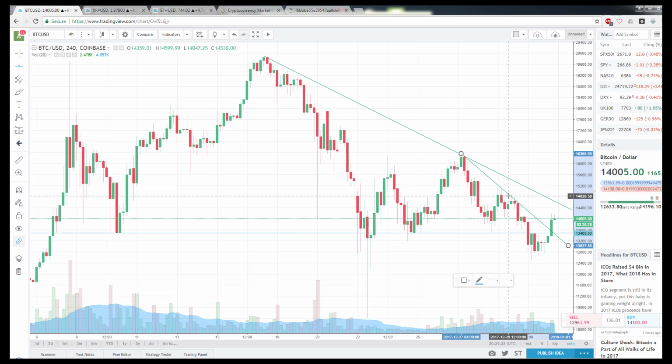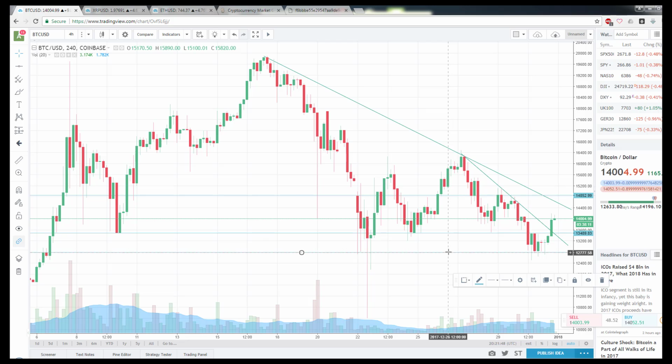Either this or probably this would be more like it, 14,852. So we see where the price has pierced this inner trend line and is currently heading towards this outer resistance trend line right here.